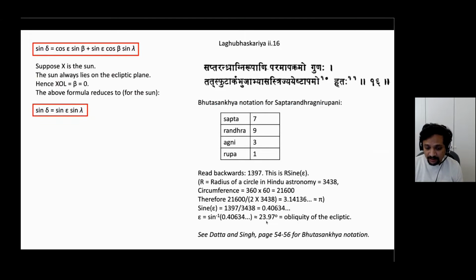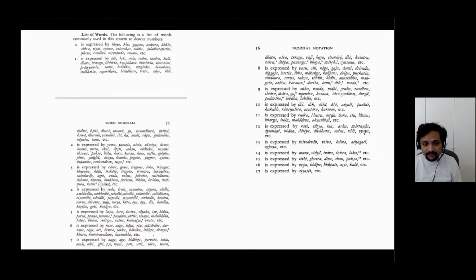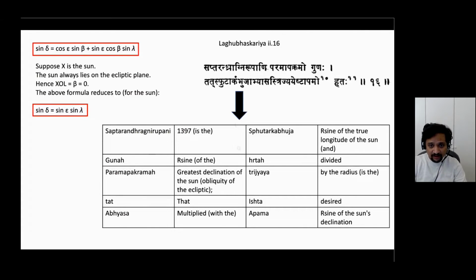And that is the obliquity of the ecliptic. Today it is approximately 23.5, but in these works it is taken to be closer to 24.